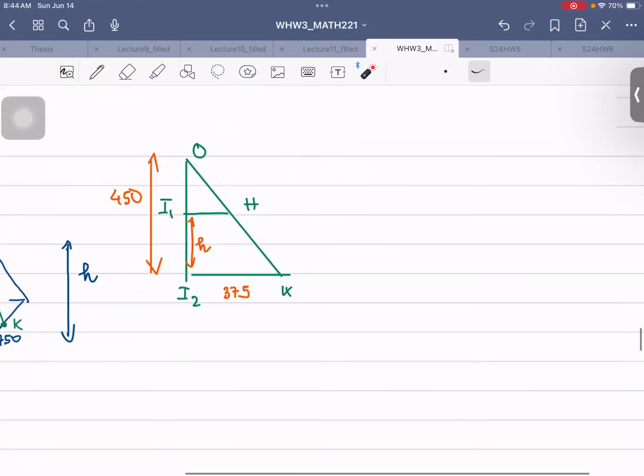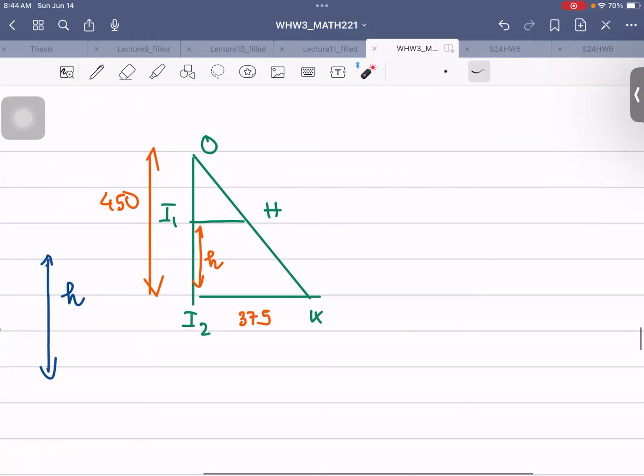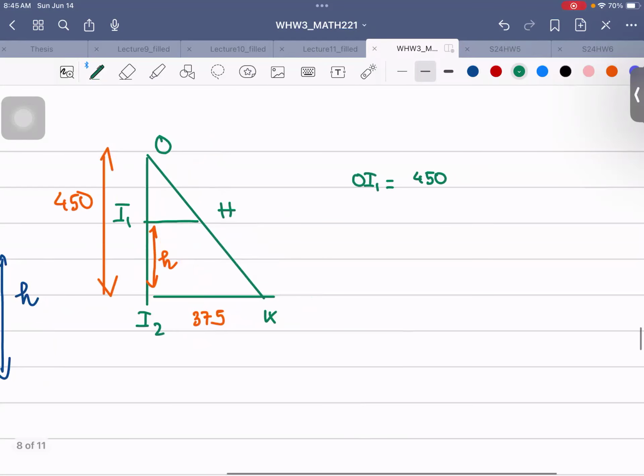So based on the similar triangle, I have that, firstly, OI1 should be 450 minus H. Okay, this is OI1.